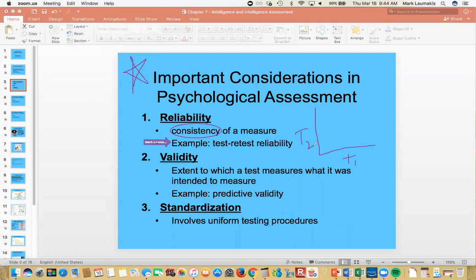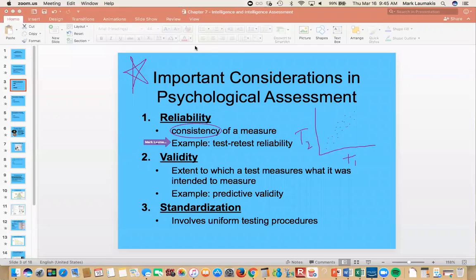If we do a scatter plot of these scores, we should get a scatter plot that has a correlation coefficient of something that starts to approach 1.0, right? Generally speaking, people who do really well the first time do really well the second time. People who do poorly the first time tend to do poorly the second time.